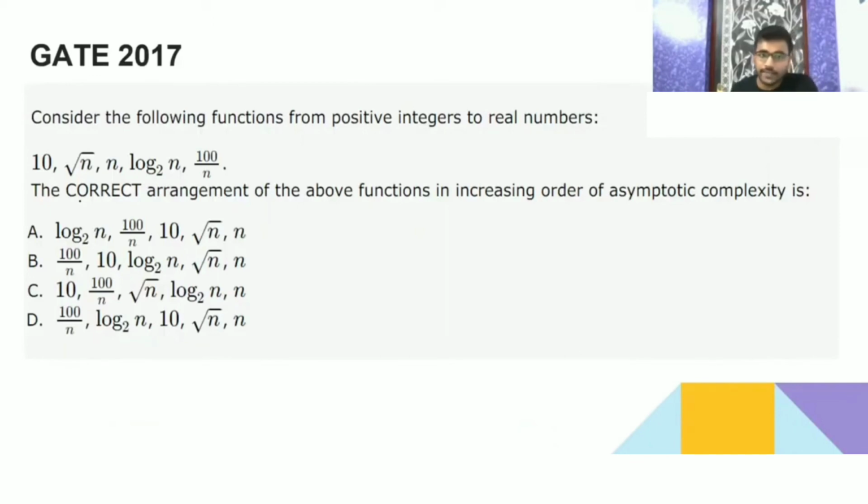Consider the following functions from positive integers to real numbers. Give the correct arrangement of the above functions in increasing order of their asymptotic growth, from the smallest to the greatest. Tell me which option you are getting.